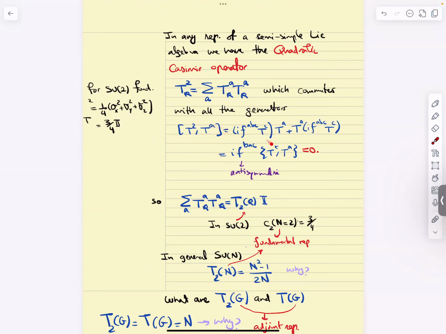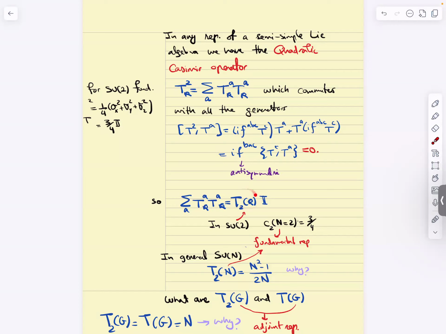Just based on the commutation relations, you know the structure constants, and it's a consequence of the anti-symmetry of the structure constants. This is just like a line of algebra. That's what the quadratic Casimir is. So representations are going to be labeled by the eigenvalues of this, and it commutes with all of them. Which means that you can basically treat it in your representation as an identity operator with a constant.